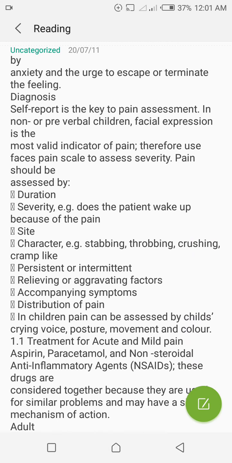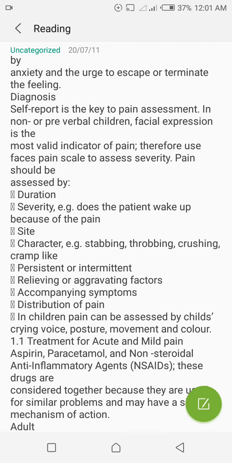In the diagnosis of pain, if you receive a patient, the most important diagnosis of pain is self-report, which is the key to pain assessment. If you're assessing pain, you clearly have to talk to your patient. Let the patient tell you which specific part he or she is feeling pain from, say on the right limb or lower abdomen.